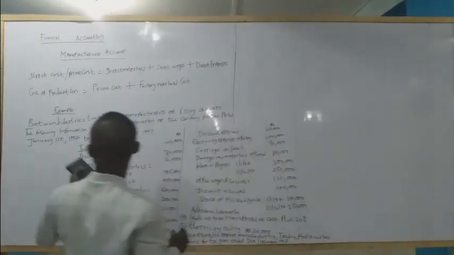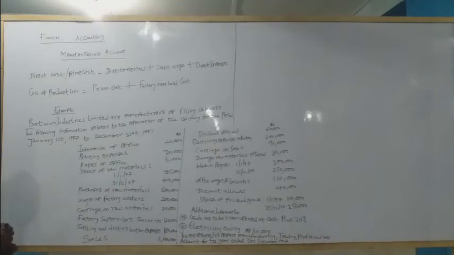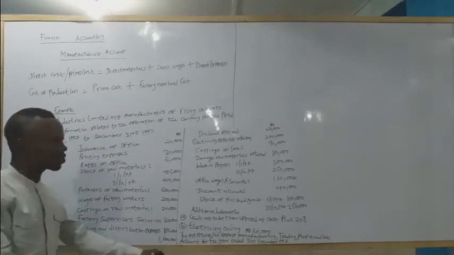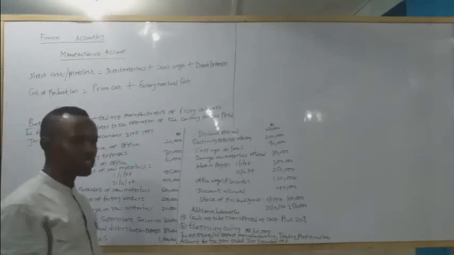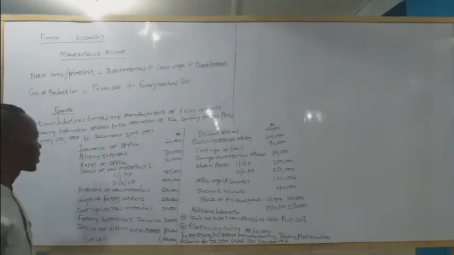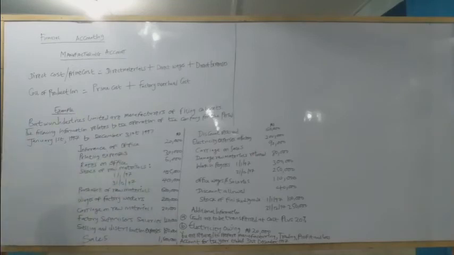It says Baswan Industries, manufacturers of filling cabinets. The following information relates to the operation of the company for the period January 1st, 1997 to December 31st, 1997. So these are all the transactions of the company for the year ending 1997.